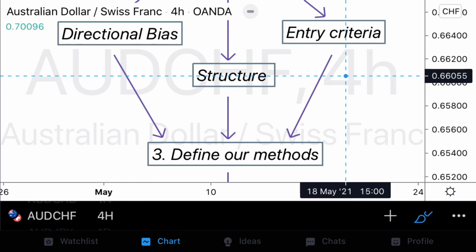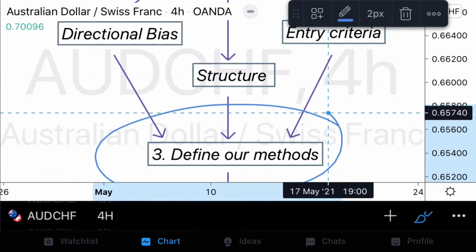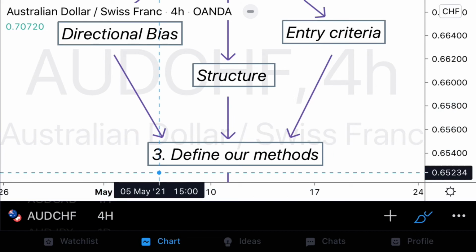We're trying to get rid of us making these subjective decisions, and we want to systemize everything that we're doing to be able to quantify our information and to be able to change things if it's necessary and reinforce things if they are working for us, guys. We need to quantify every single aspect of our trading.